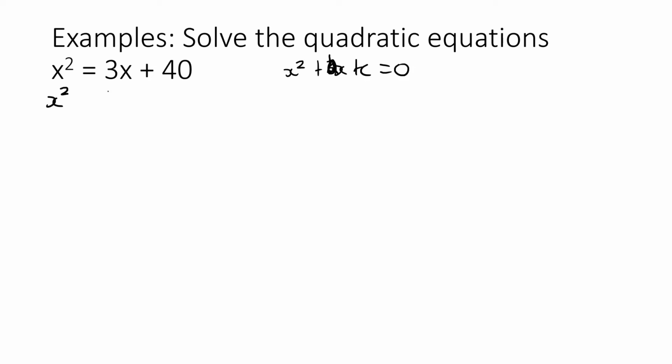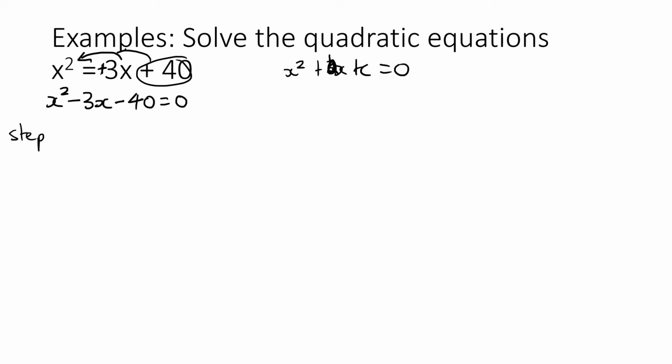So let's move this around. Put the 3x. If there's no sign in front, it's a plus. Opposite of a plus is a minus. So just do minus 3x on that side. Same with the 40. Trying to move this over, it becomes minus 40 equals to 0. Now we're in standard form.